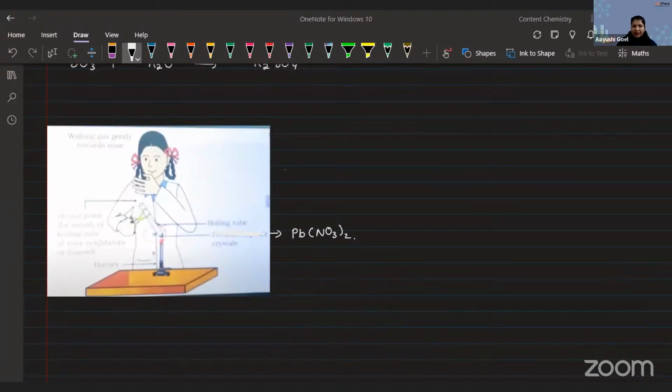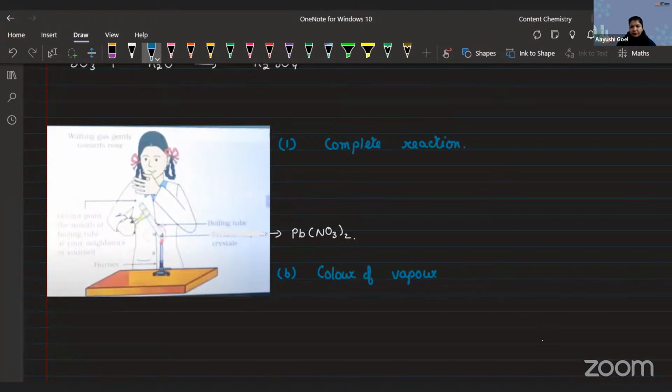Portion number 1, I want the complete reaction. And B, what will be the color of the vapors coming out? Can you tell me? Or what is the type of reaction? So it is also a thermal decomposition reaction.